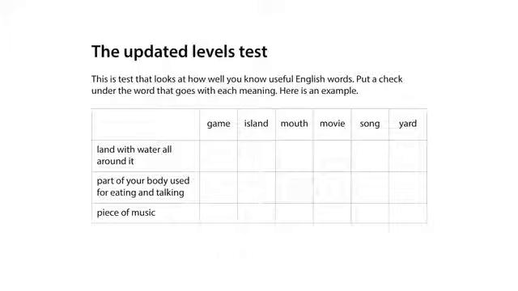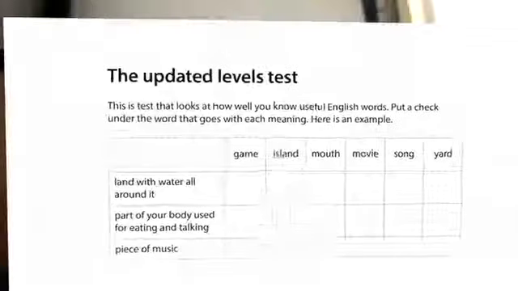One is called the Updated Vocabulary Levels Test, and it tests the first 1,000, second 1,000, third, fourth, and fifth 1,000 words of English. You can easily give your learners parts of this test or the whole test to see how well they know the first 1,000, second 1,000, third 1,000, and so on words of English.